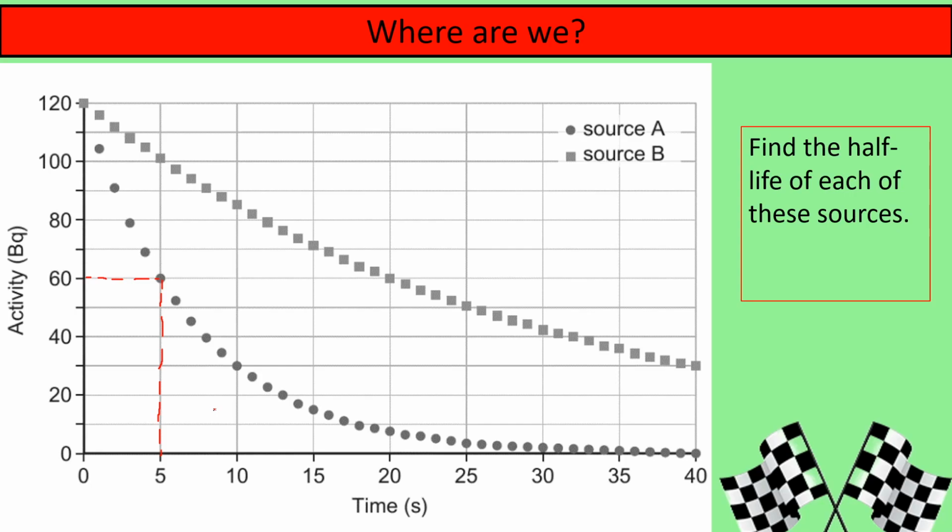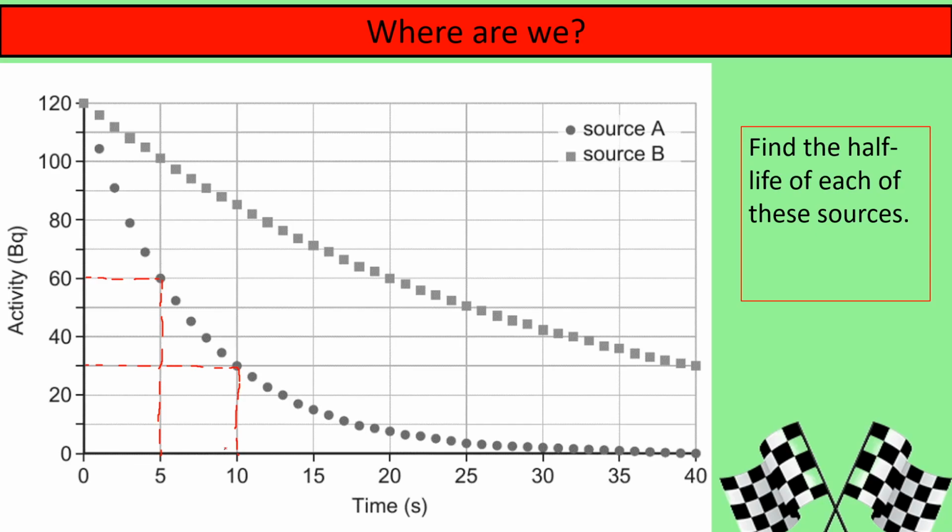Now, if we wanted to make sure that we were correct, we could try to do 2 half-lives. After 1 half-life, we have 60 Bq, becquerels of activity. So if we halve that, we end up with 30. So let's try doing it for 30. Draw the line along, and then down. And this time we end up at 10 seconds.